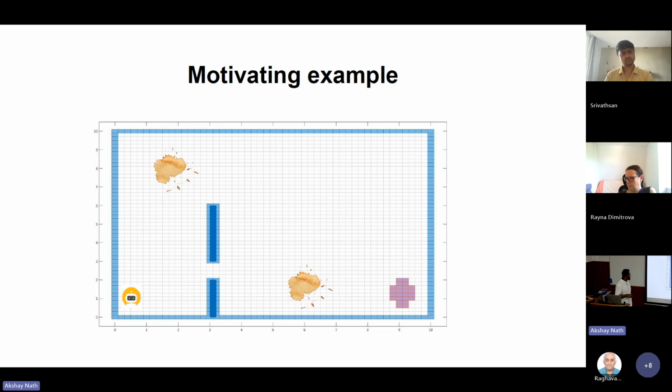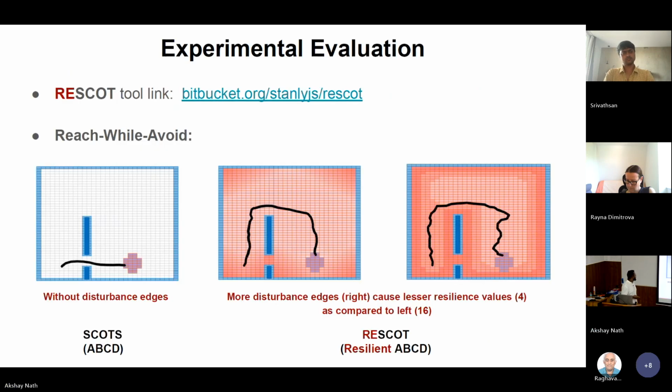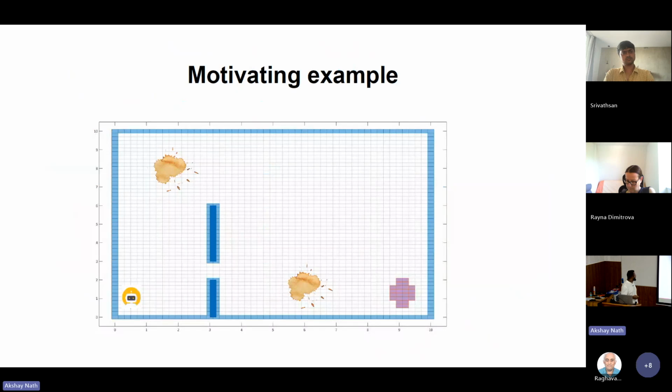And the robot wants to reach this target shown in purple by avoiding obstacles. It could take the larger path, it could take the shorter path, for example. Now let's say the disturbance edges come from these spills, and we model it in the game and we try to solve the problem.